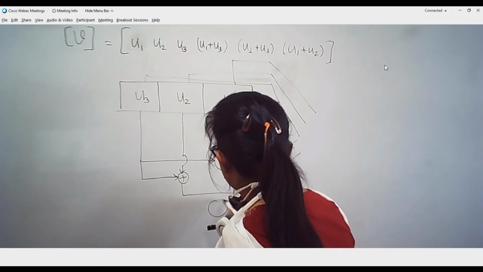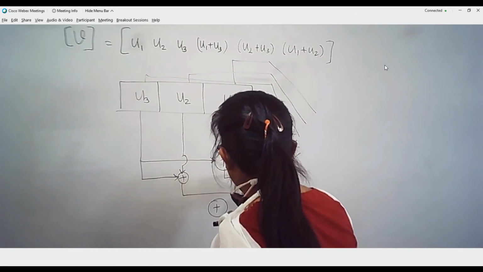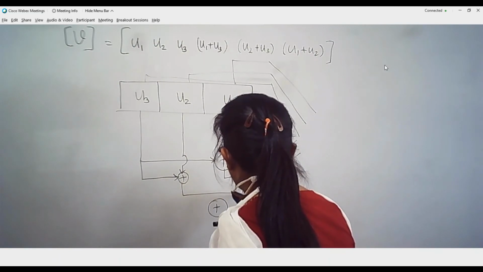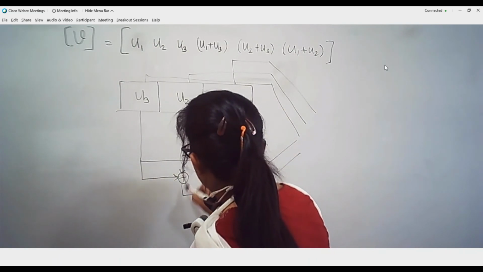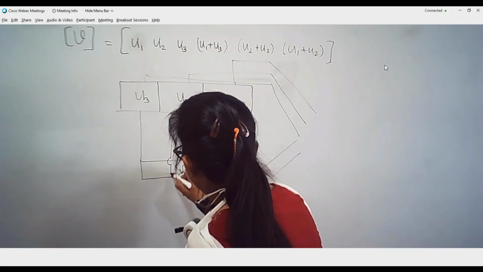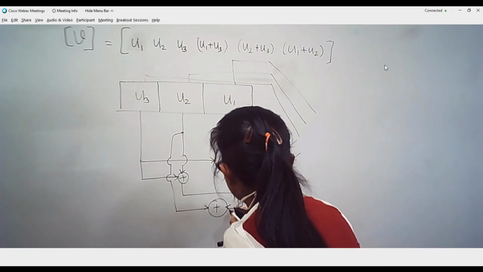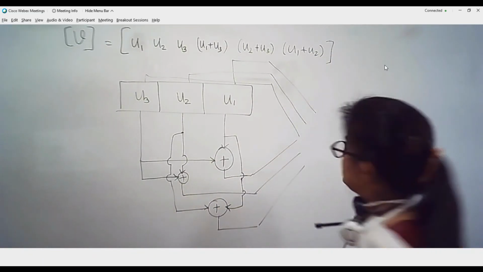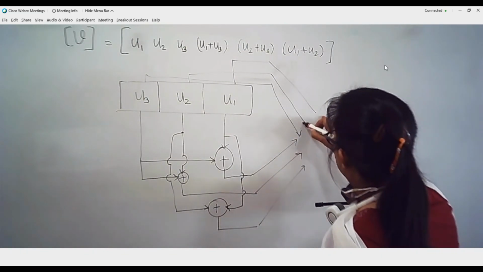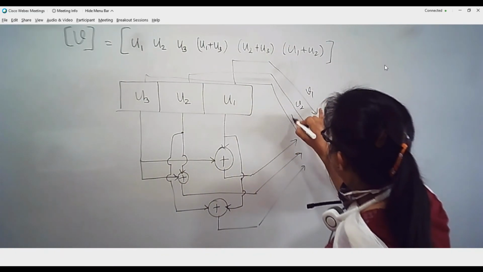Then the last parity bit is U1 plus U2. I'll have one more adder over here. I will feed this adder with the input U1, and then I'll also feed U2. Please mind the jumpers over here. The last bit is V6. So the first 3 are the pure message bits, which are V1, V2, V3.